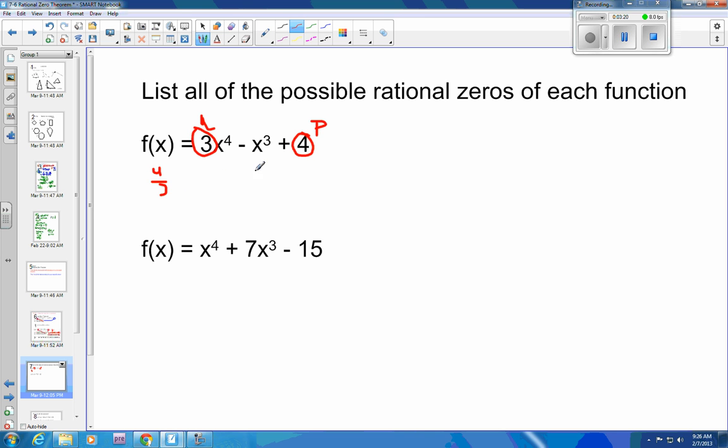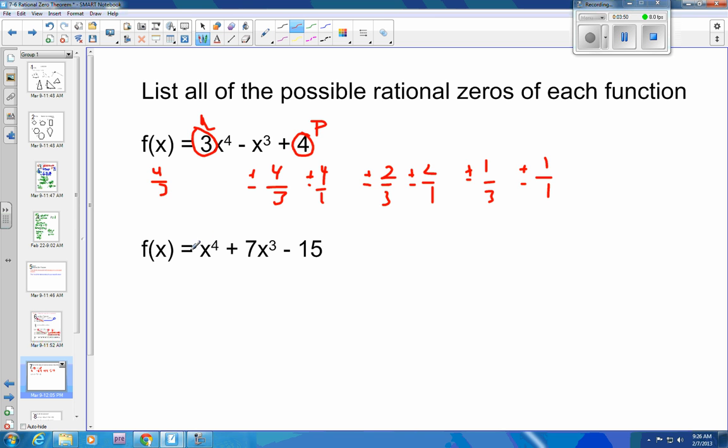So that's going to be 4 over 3, 4 over 1, 2 over 3, 2 over 1, and 1 over 3, and 1 over 1. And then you just make them positive and negative. And these are, again, all the numbers that you would have to guess and check using synthetic division or synthetic substitution to figure out which ones are your roots.